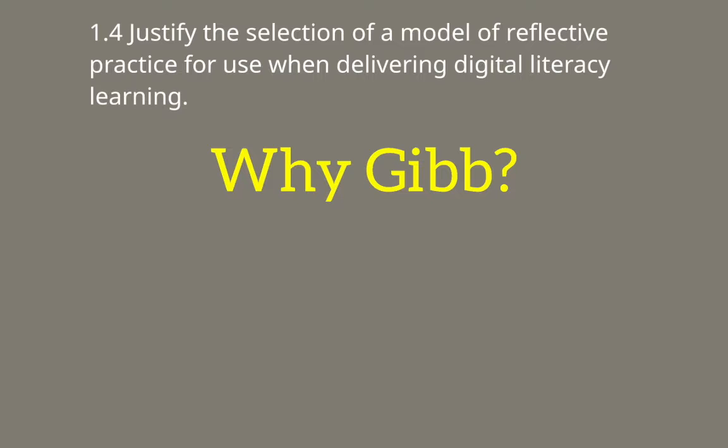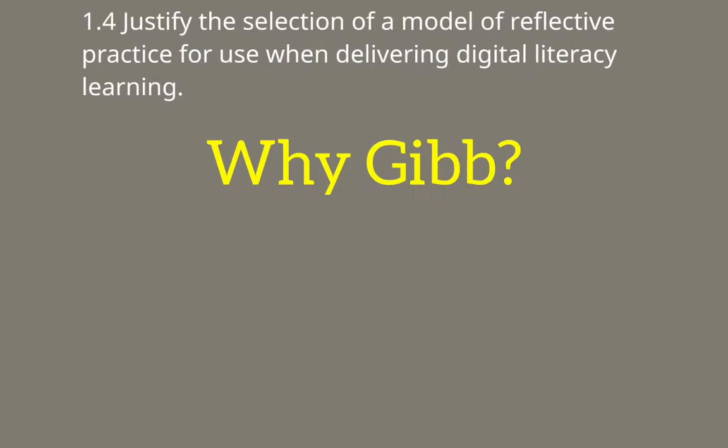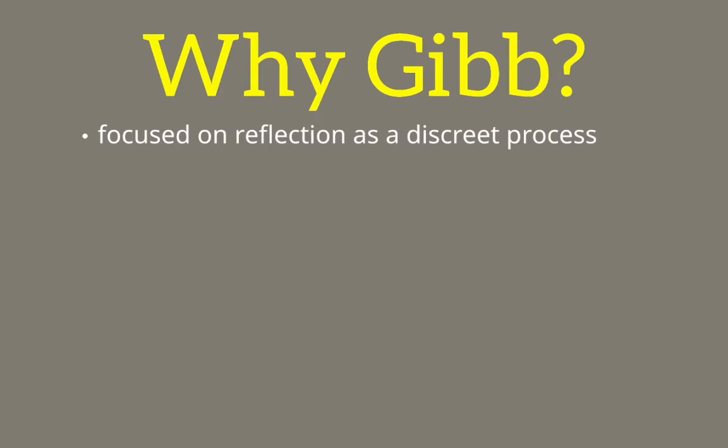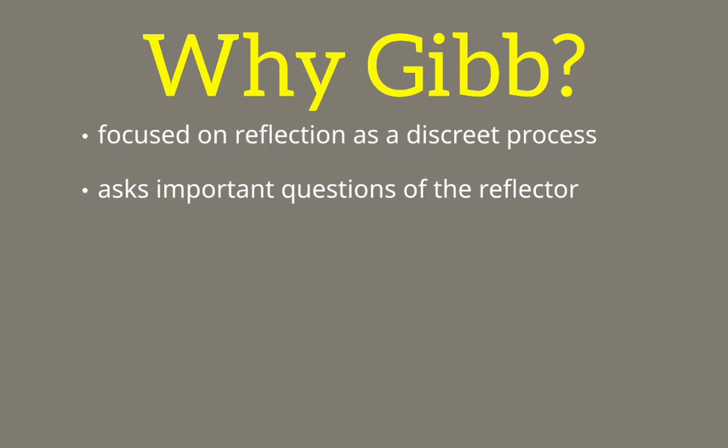So why Gibbs? I've given a hint at some of the reasons then, but it is purely really for me because this is focused on reflection as a discrete process. It gives more substance, I guess, to the RO element of Kolb's experiential learning process, but for me gives a much clearer structure. It asks important questions of the reflector.